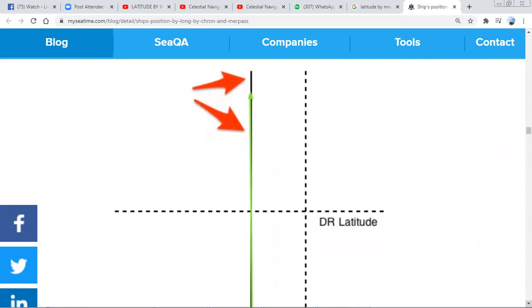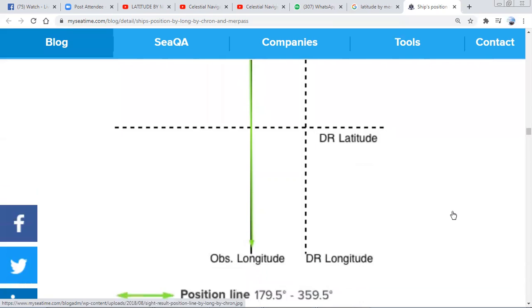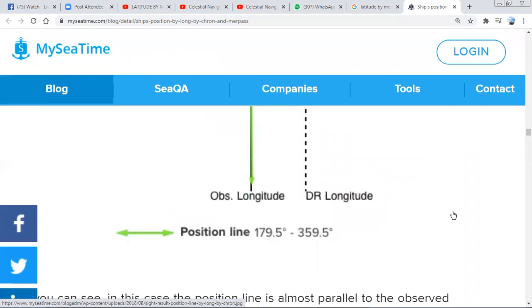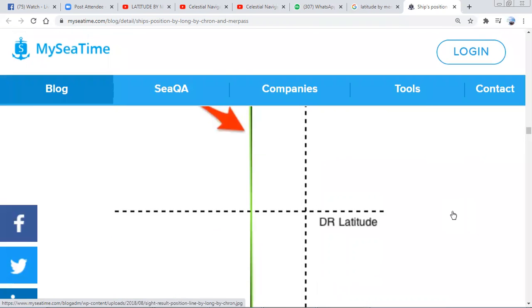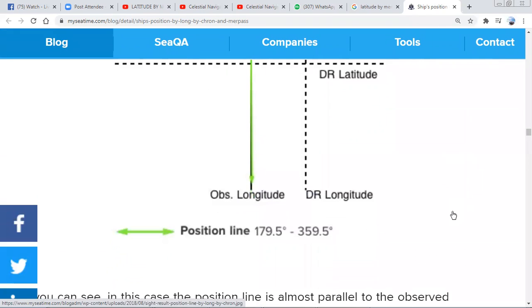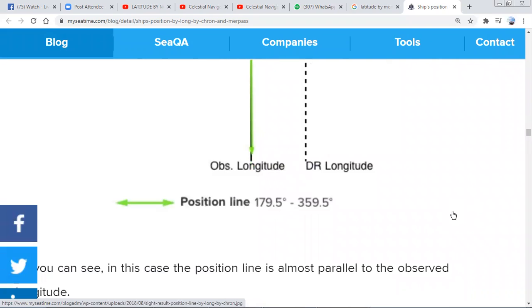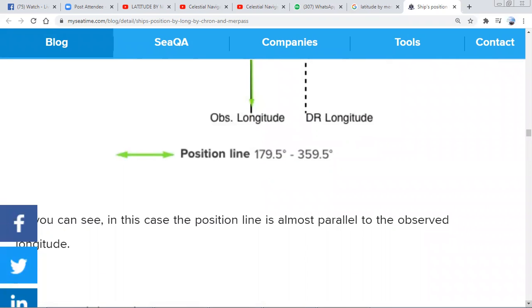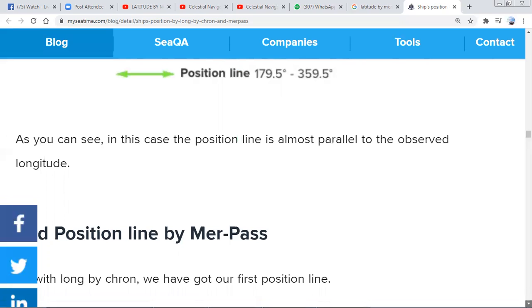We mark this DR latitude. This is the longitude which was given in the question, and this is the observed longitude which we found out by the sight. And our position line, as you can see here, is almost north-south. For your Marpas it will always be north-south, because your azimuth will be east-west, so your position line will always be north-south in long by chron.